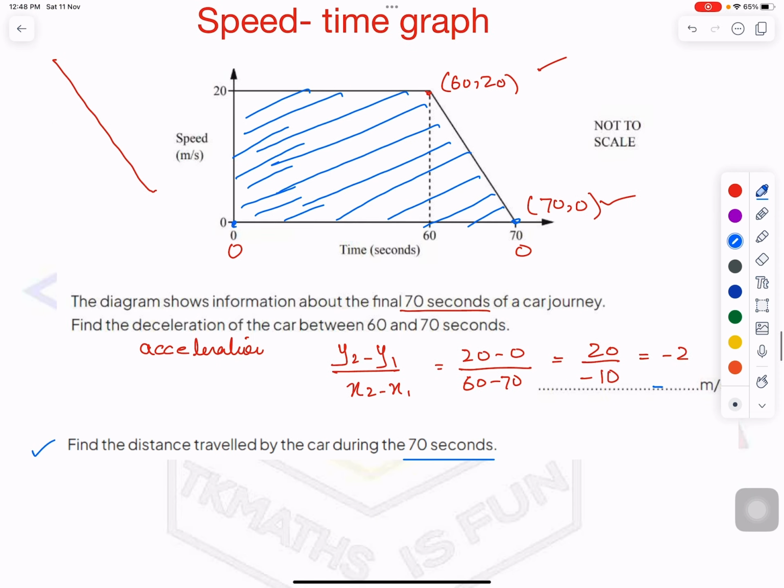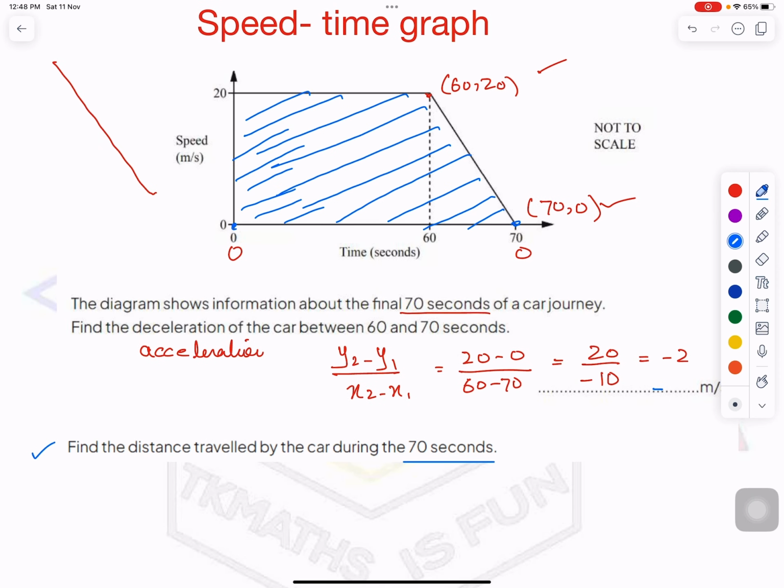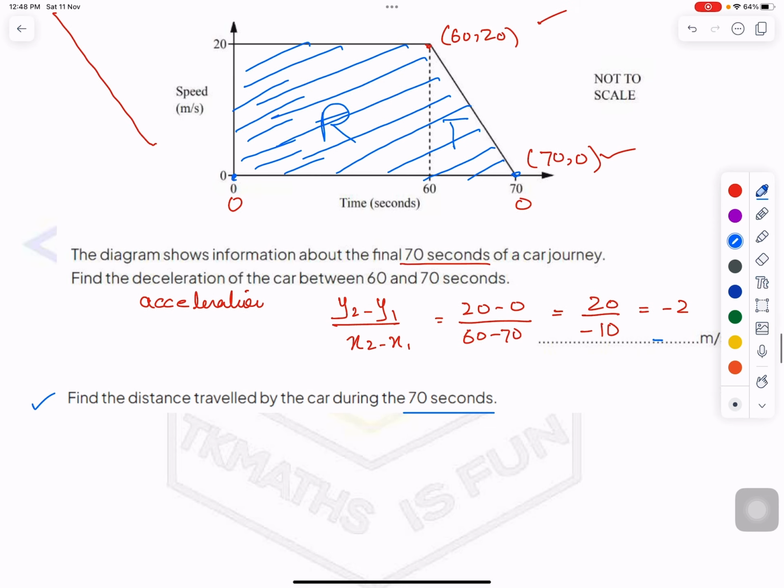Now you have two ways here. Either you divide this diagram into two parts, a rectangle and a triangle, and add up the two areas, or straight away you do the trapezium. So let's do it both ways. First, I am taking the area of a rectangle and the area of a triangle. That will give me distance because it is a speed time graph. For the rectangle part, it is 20 times 60, plus, for this triangle, let me change the color so that you can see clearly.